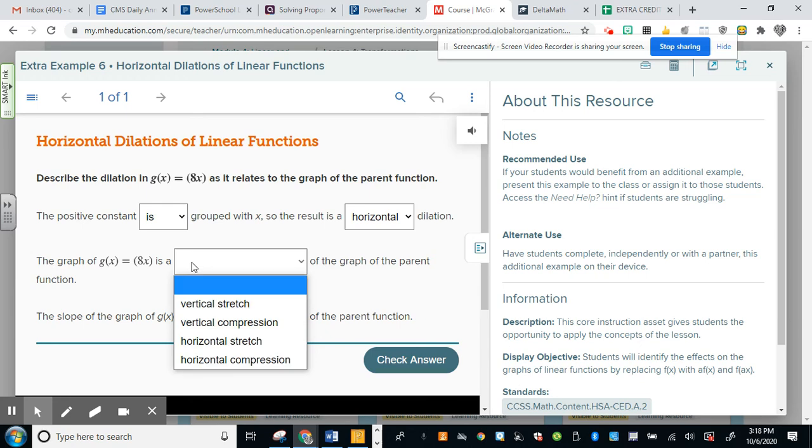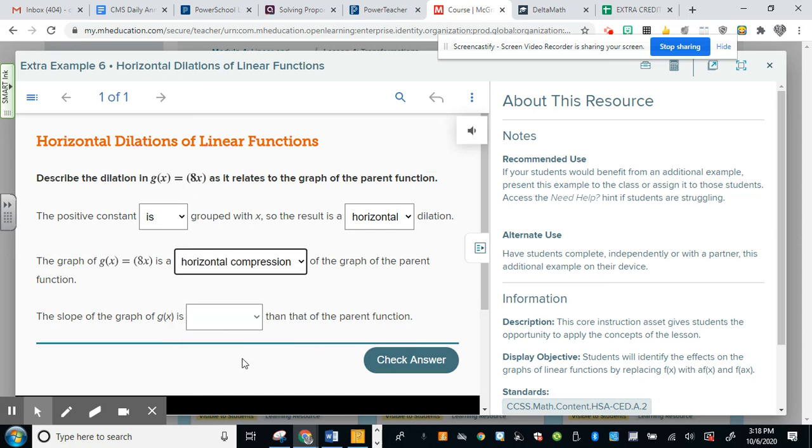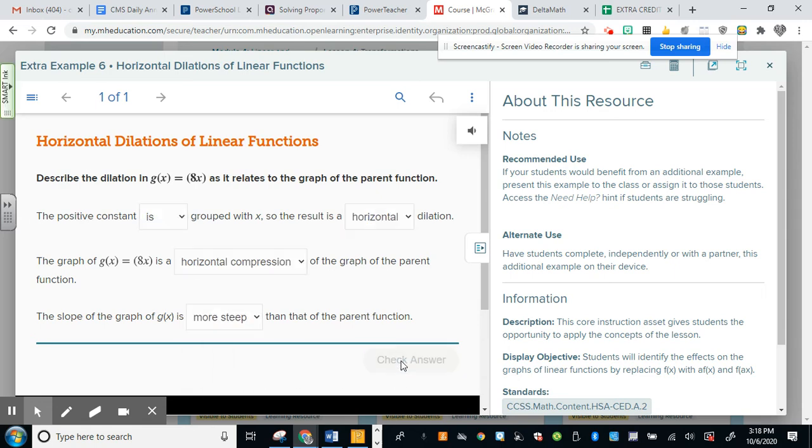So this means that it's got to be either horizontally stretched or horizontally compressed. And since it's steeper with this 8, it's going to be steeper. So that's a horizontal compression. And so the slope is more steep with the 8.